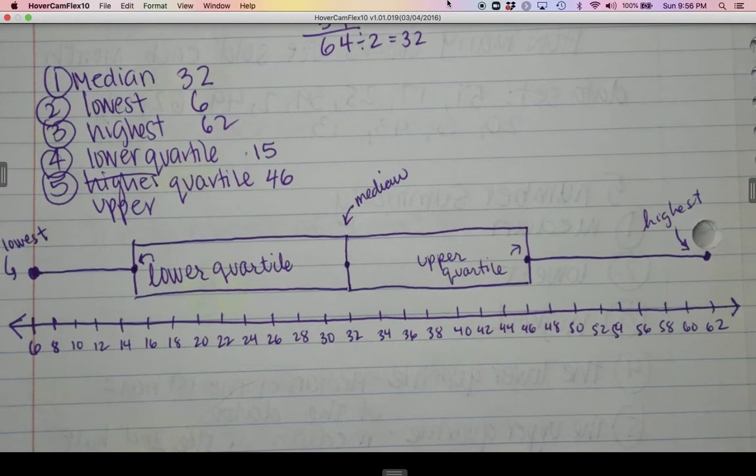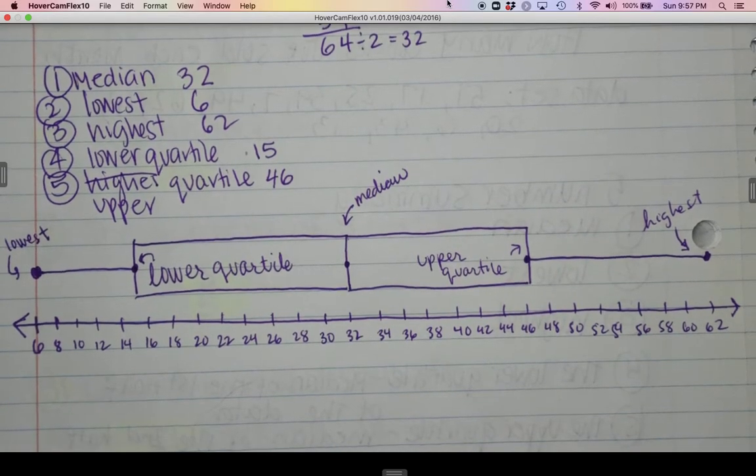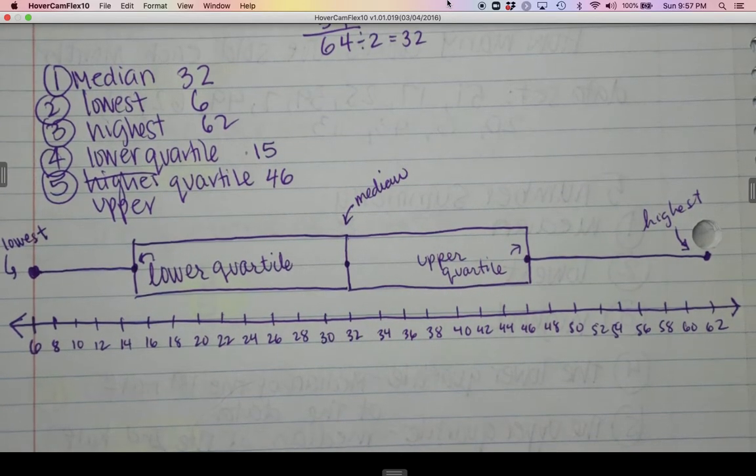And sometimes what you'll notice is that your whiskers will be different sizes. So I'm going to give you a set of data that you need to do a 5-number summary and draw a box plot for the data.